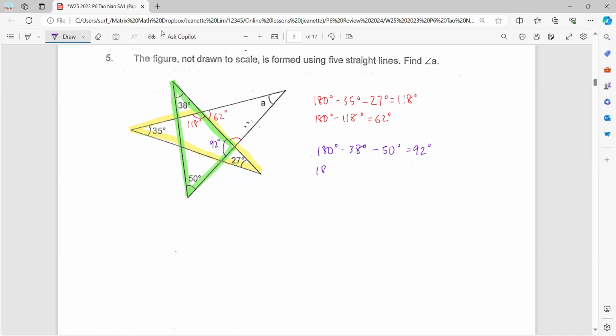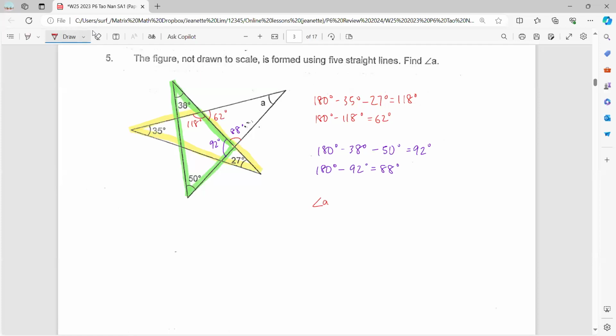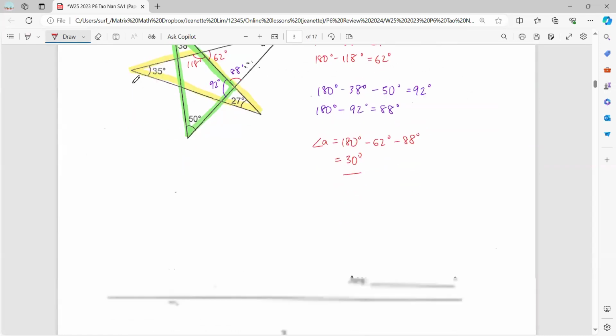Then angles on a straight line, 180 minus 92, which is 88. So here we have 88 degrees. What is angle A? Okay, so angle A will be 180 minus 62 and 88. Okay, so the answer is 30 degrees.